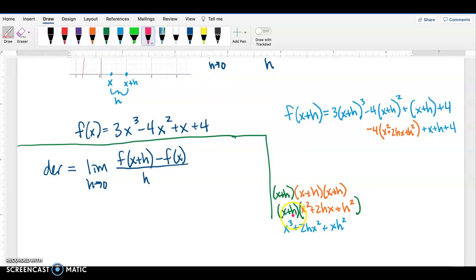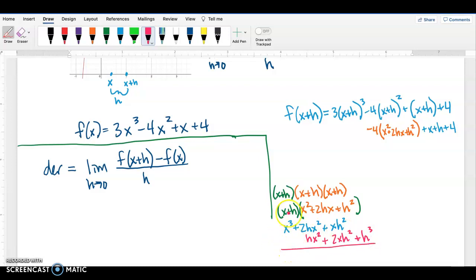So when I multiply h by x squared, I get an hx squared. Notice how I'm lining it up with the other hx squared. And then h times 2hx is going to give me plus 2xh squared, lining it up again, and then plus h times h squared gives me h cubed.